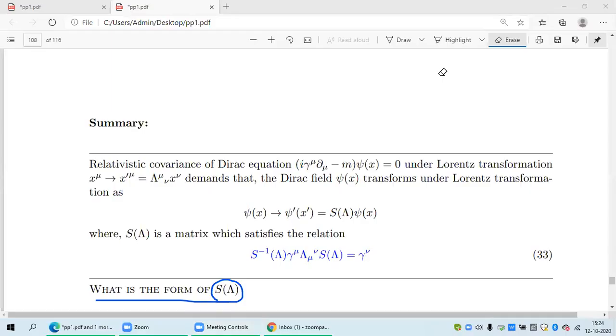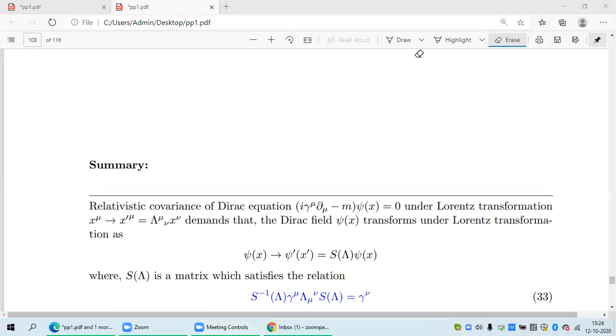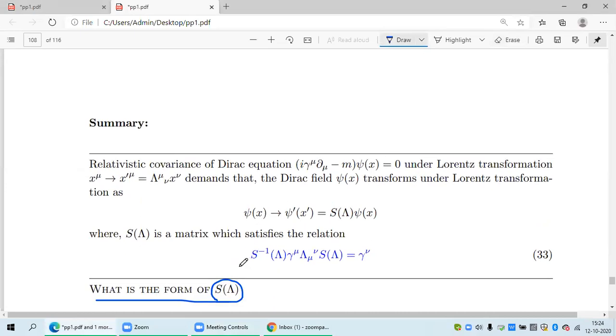In many cases you don't need to put in any explicit form of S. You can use just this equation, S satisfying this equation, to investigate further the properties of the Dirac field.